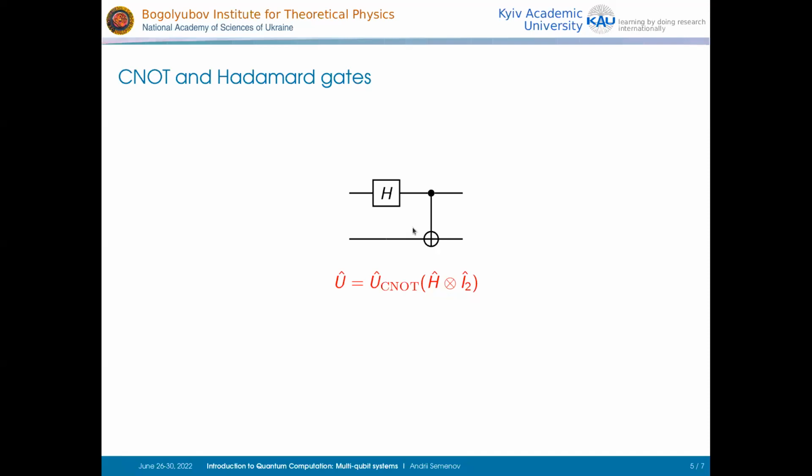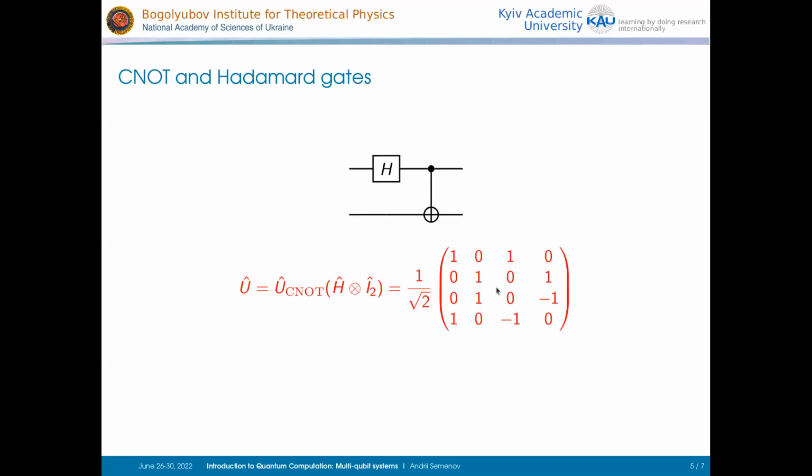And this means that you will get at the end, from a 2 times 2 matrix, one 4 times 4 matrix. So their product gives you such a matrix. This is a unitary matrix which corresponds to such a scheme.